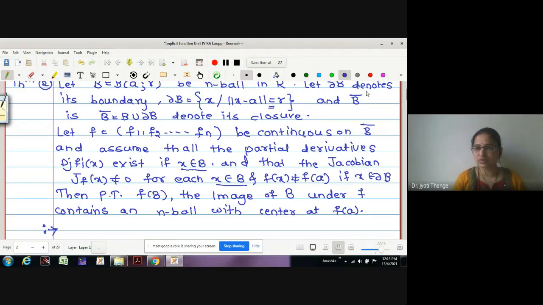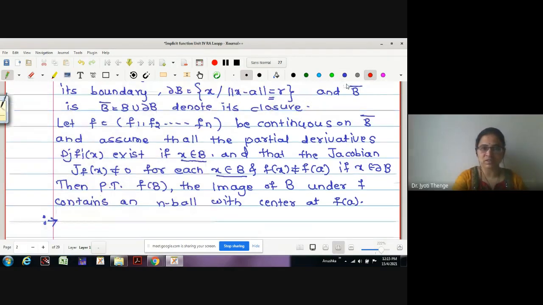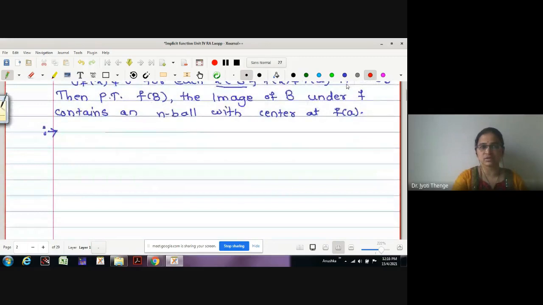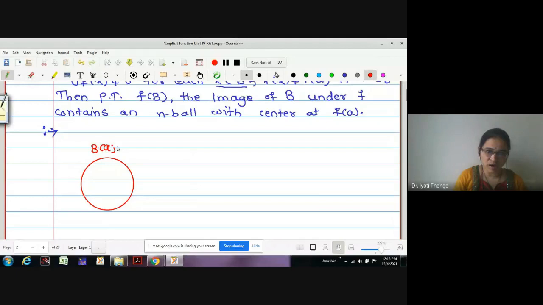Okay, let us try to understand what this theorem, what this proof wants to tell us. What is given to us? The domain is some subset of an n-dimensional space. Now what we are going to do is draw one circle. Let this be an open sphere B(A, R).